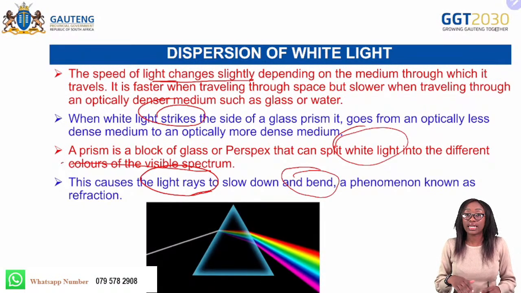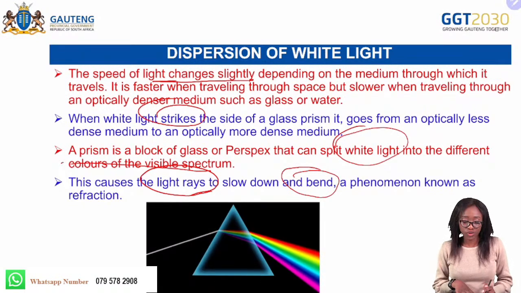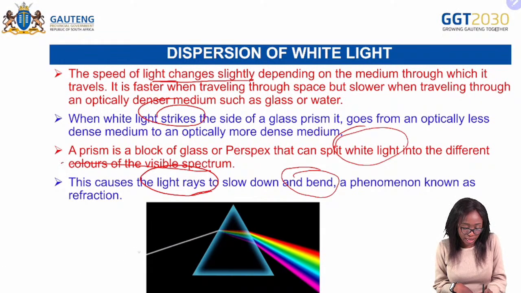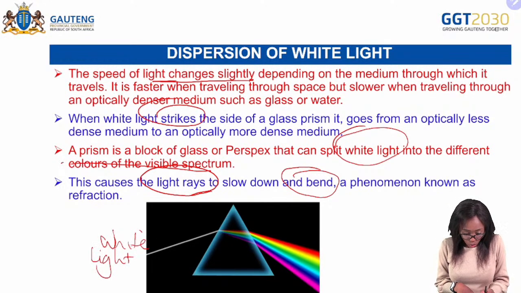Now let's look at the glass prism. I have a picture of a glass prism with me. So we've got our white light entering here. I'm just going to write white light. Once it strikes the side of the block of perspex or glass prism, it is moving from a space where it was less dense to a space where the medium is more dense.